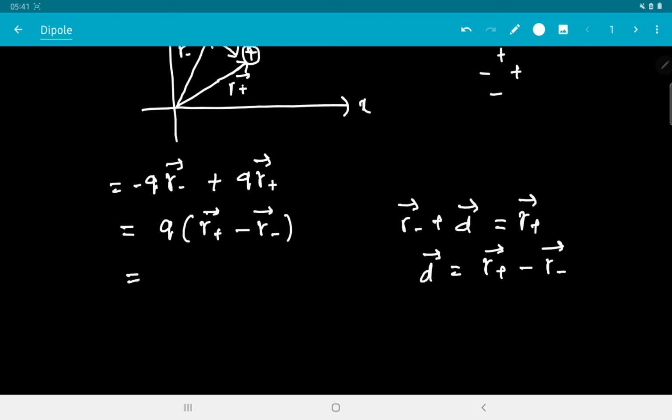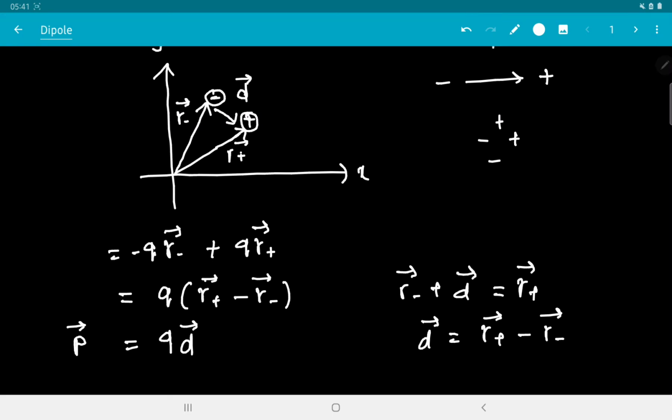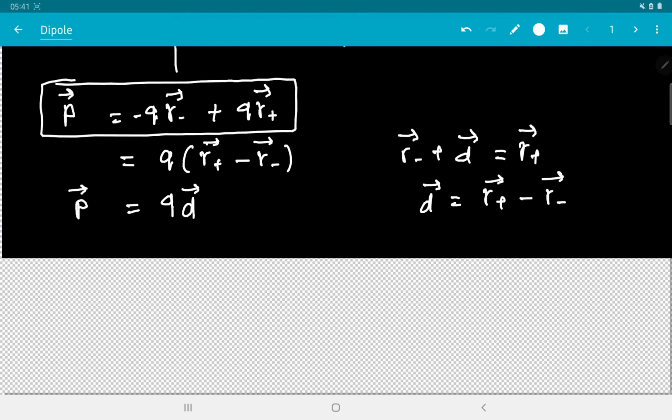So we will get q into d vector. Now see, this is the definition of dipole moment that we already know. This d vector is also directed from the negative charge to the positive charge. So we can define the dipole moment by using this definition, which can be applied to a large number of charges.